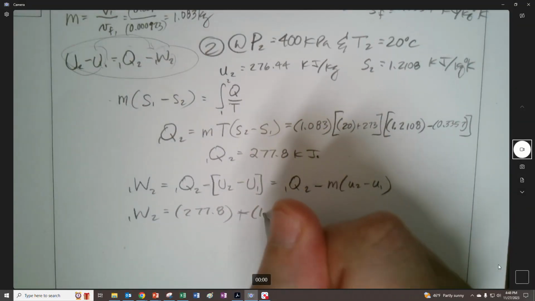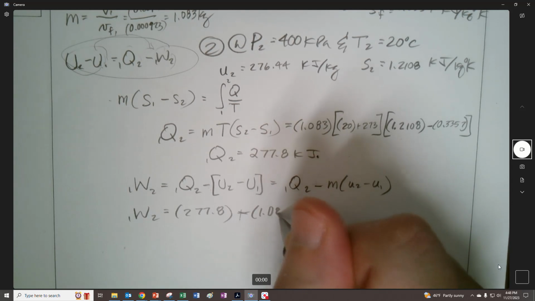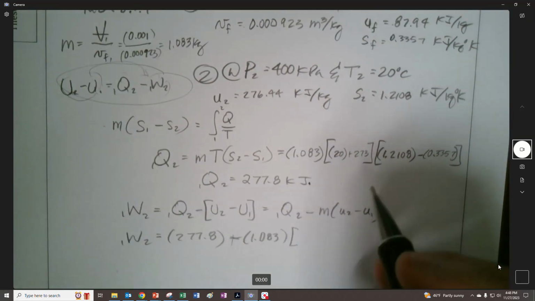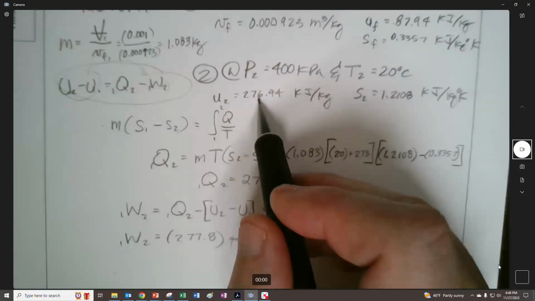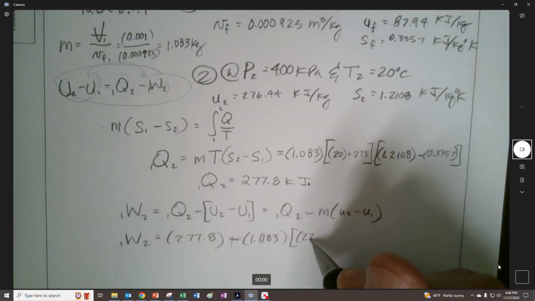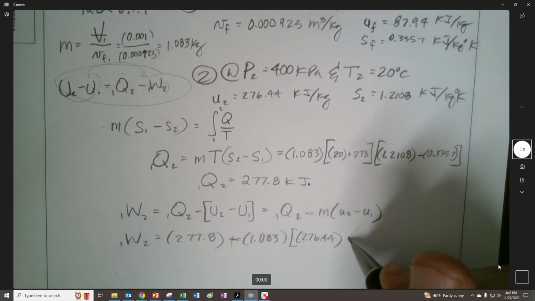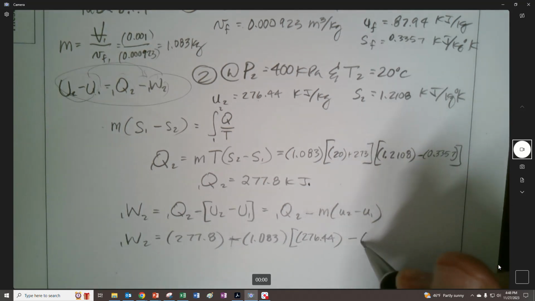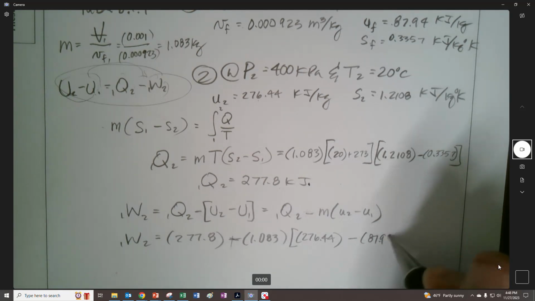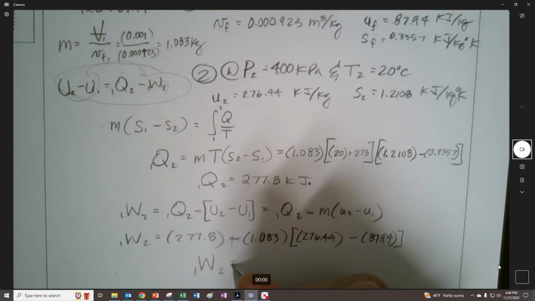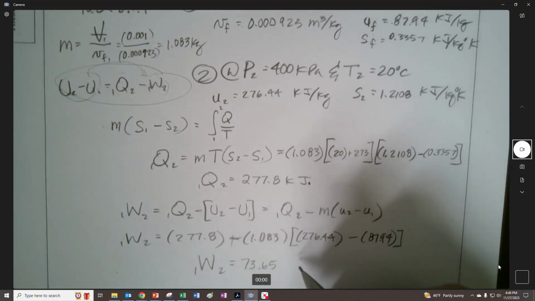Minus 1.083, which is our mass from up above, and our U2, we found that to be 276.44, and then minus 87.94 up above. So the work from 1 to 2 is going to be 73.65 kilojoules.